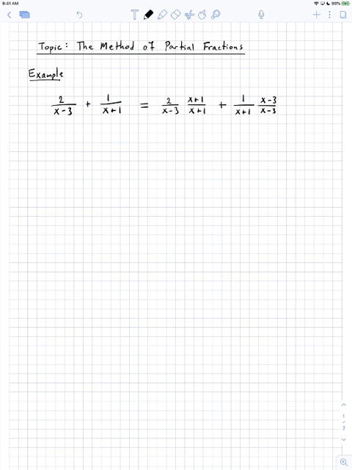Well, now we can combine these. They have the same denominator now. So this is going to be 2 times x plus 1 plus 1 times x minus 3. And all of this is divided by x minus 3 times x plus 1. Let's simplify this.